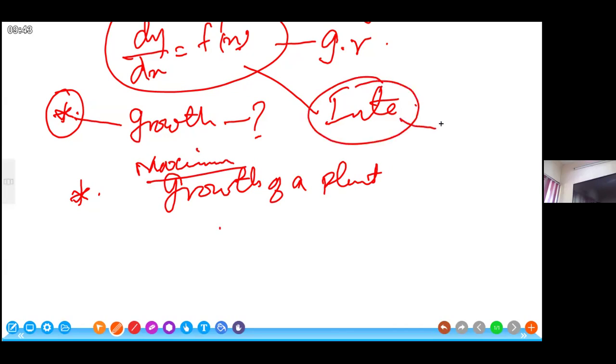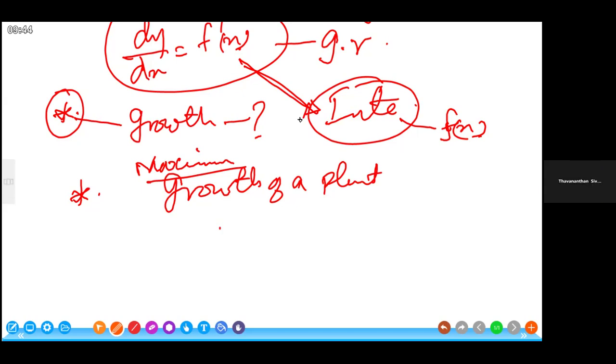This function is the integrated function, so I will put it as f(x). This function coming originally from here is the integrated function. So I want to find out the maximum growth of a plant. First, we want to integrate the function. Then we can find the growth function from the growth rate.